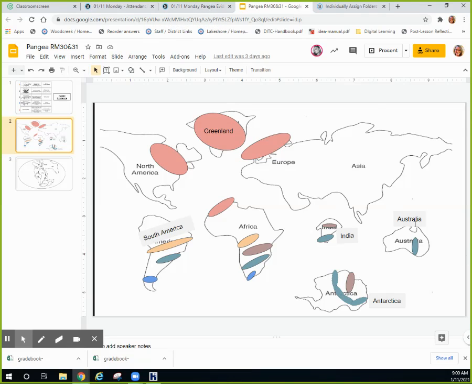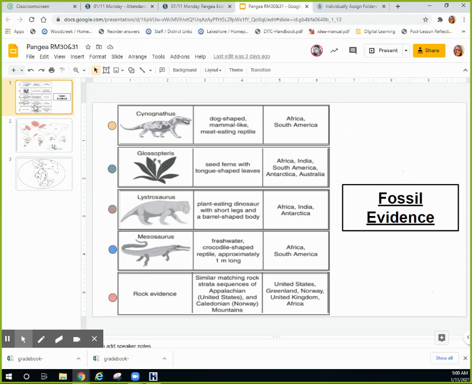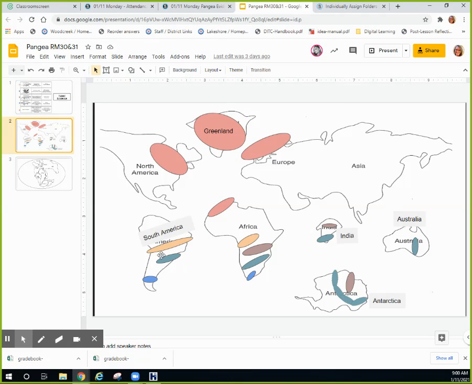Then the last one, I believe, is this yellowish color. The yellowish color is the Cynognathus, this dog-shaped mammal. And so they found fossils of this species all the way across South America and a big chunk of Africa as well.